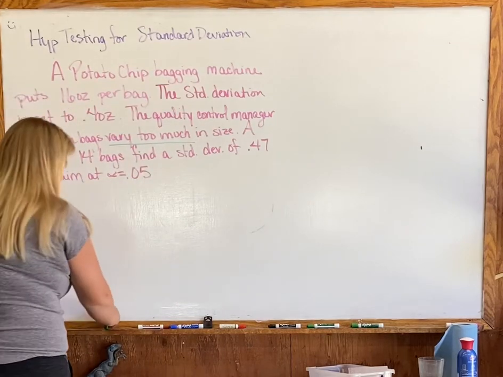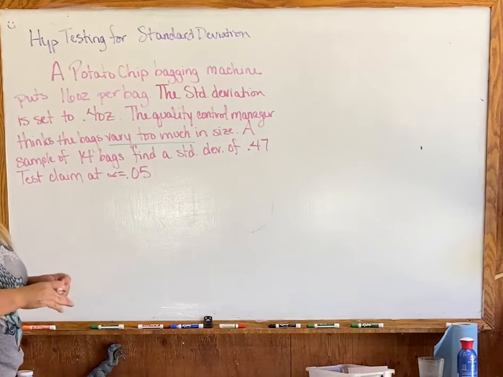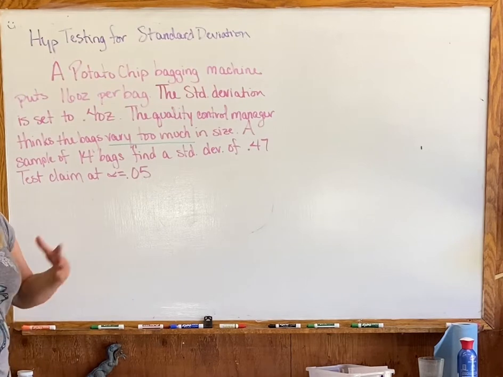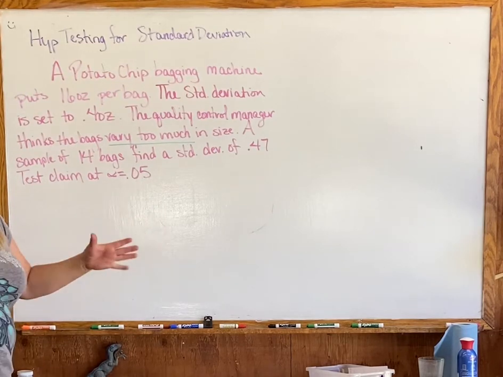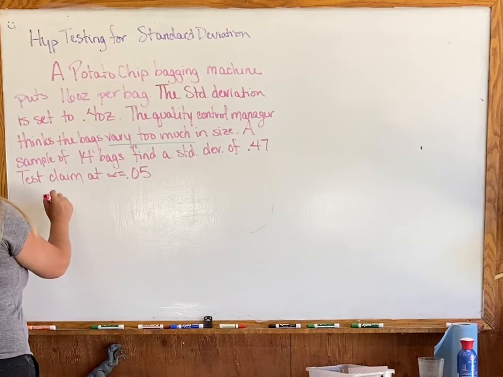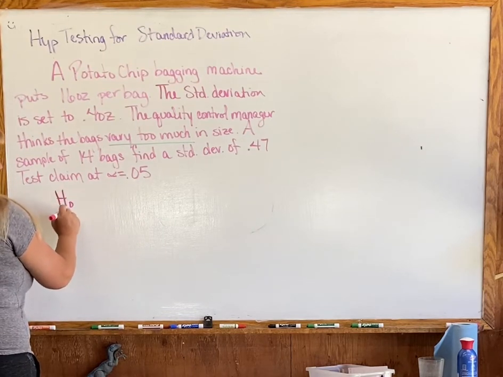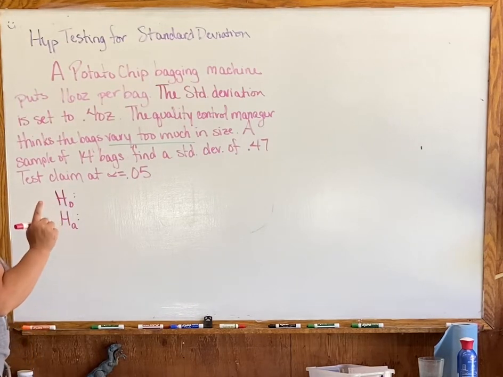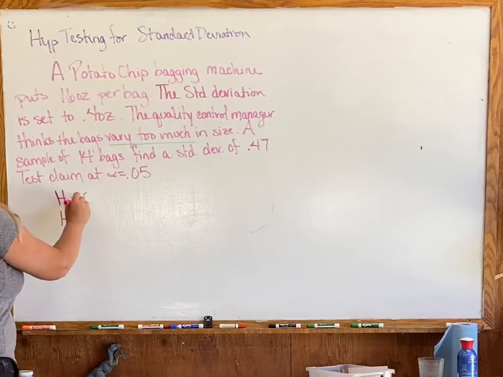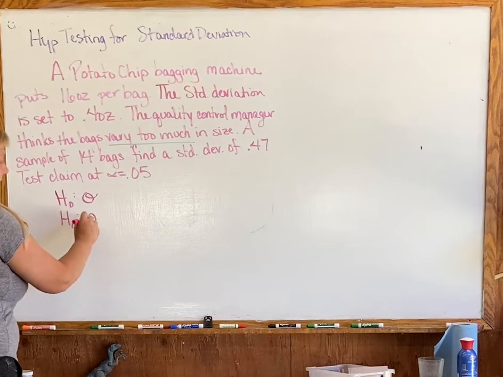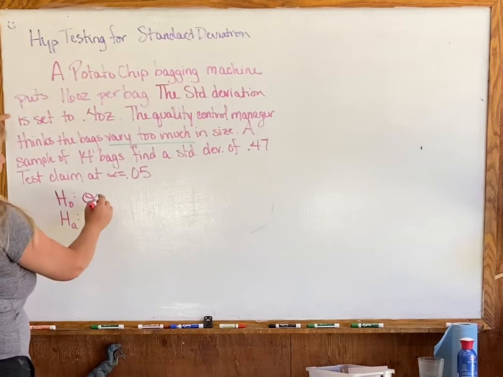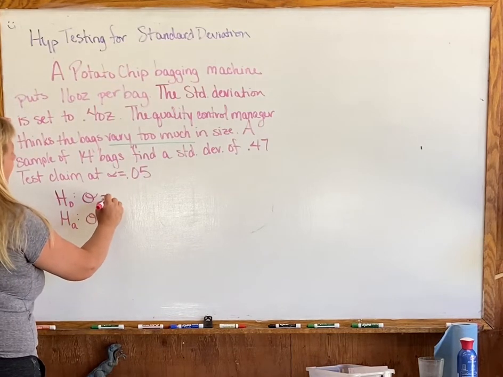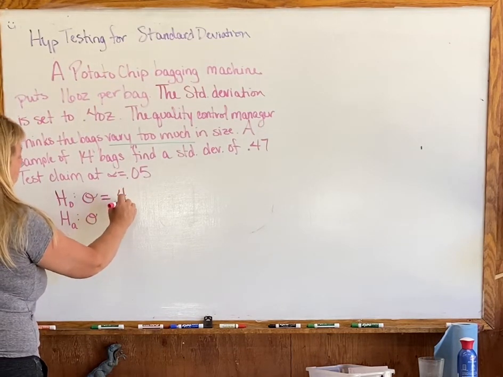So when we see the words vary too much, that means our standard deviation is getting too big. Now remember, vary too much means both above and below. Varies all across the board. So just like always, we start with our hypotheses. This time remember we're studying standard deviation, so the variable we're going with is sigma. And the second sentence says sigma is set to 0.4.